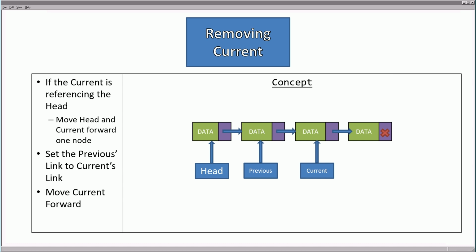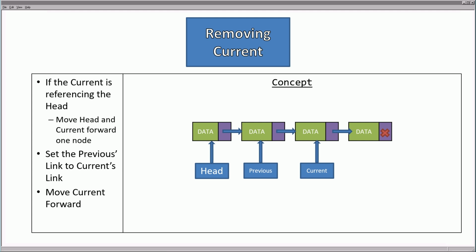Now, as mentioned before, the head reference is important because it will always refer to the first element in a linked structure. So there is usually a case when we add elements or remove elements that involve the head. If current is also referring to head, then what we need to do is move both the head and the current pointer forward.